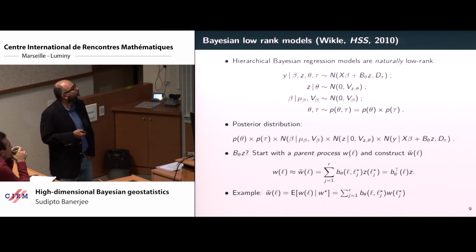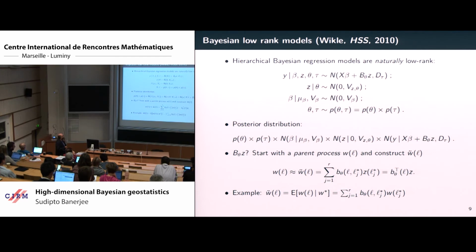But once you decide to fix the number of basis functions at R, for example, which is much smaller than n, then you have a tall and slim B theta matrix. And just like we don't worry about the length of the X matrix rather than the width, similarly, the B theta matrix is long, but it's not wide, and therefore the computation works out quite nicely.